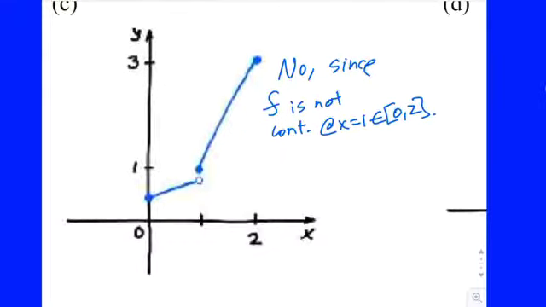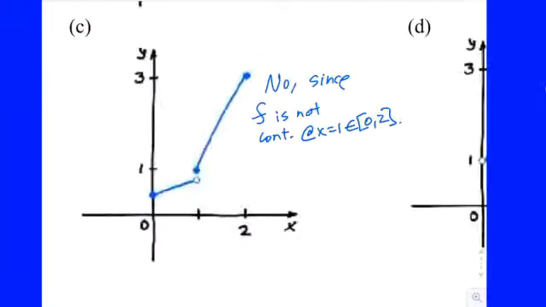Okay, what type of discontinuity is that one? Also a jump. Does this function happen to have a minimum value? It does. It's f of 0, whatever that y-intercept is. Does it happen to have a maximum value? Yes, it's 3, I guess, at 2. So here's that example, right? EVT doesn't apply, but yet still had both a max and a min, right?